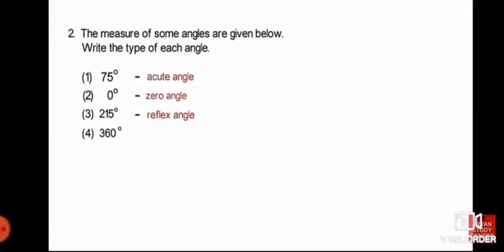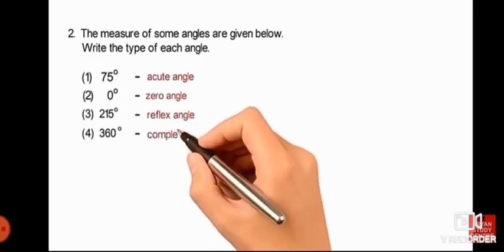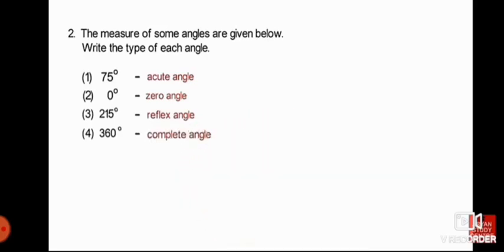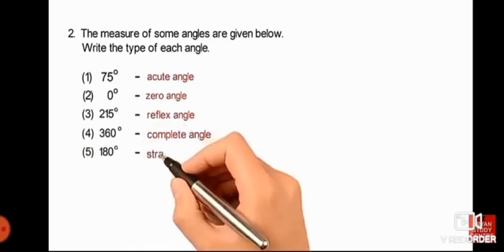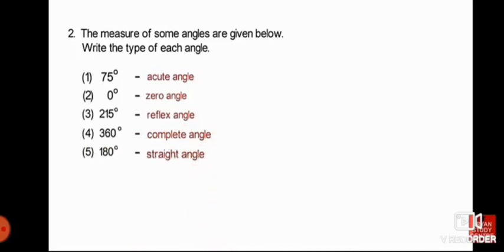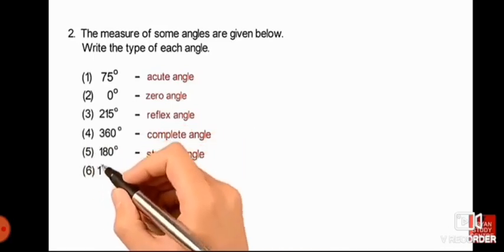Yes, a circle measures 360 degrees, and complete measure means it is a complete angle. So the type of angle is complete angle. Fifth one, we have 180 degrees. 180 degrees measures a straight angle. So this type of angle is called a straight angle.